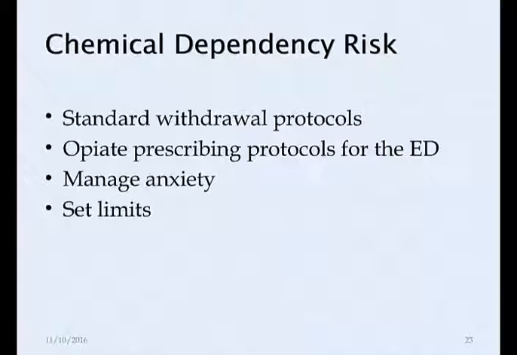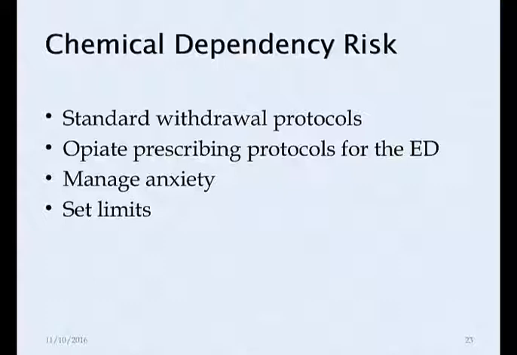So the chemical dependency risk, let's talk about briefly. What I say over and over to organizations that are really challenged with this population is, when these patients present, they really are in pain. The fact that we may want to deny that or ignore that only creates risk.